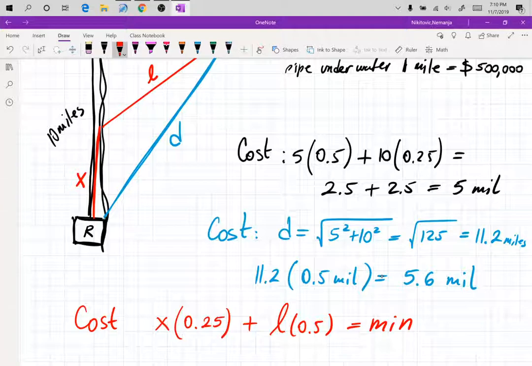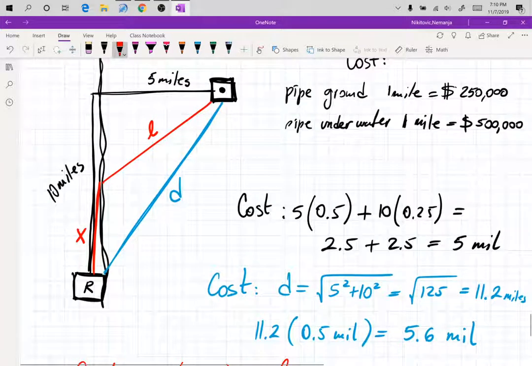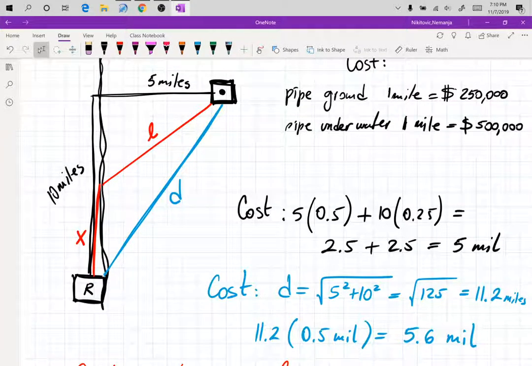All I need to do is to come up with a constraint function. It's the one that connects x to L. Sheesh. How do I do that? We are not going to use any trig. This one is not easy to see, but there is a triangle.